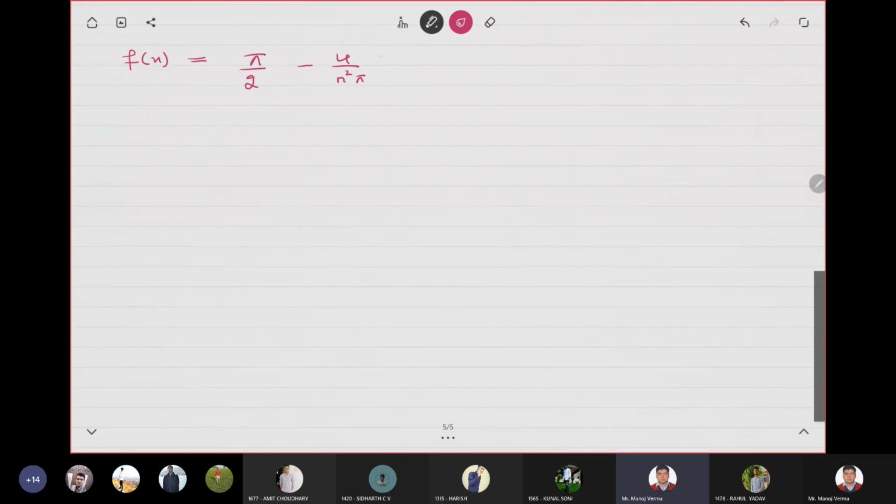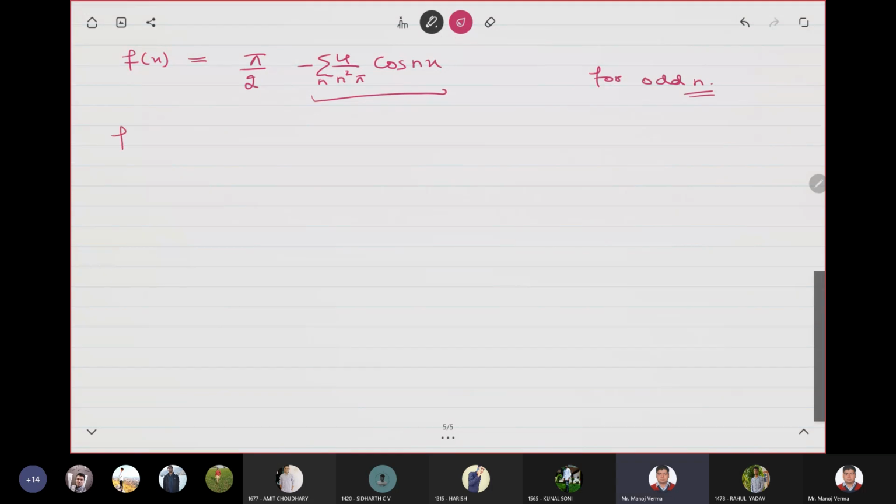It will be cos nx and summation over n. So I can simply write this as, it was valid only for odd n. For even n's, this whole coefficient will go to 0.